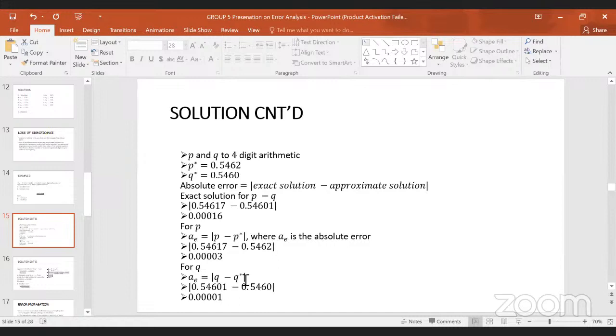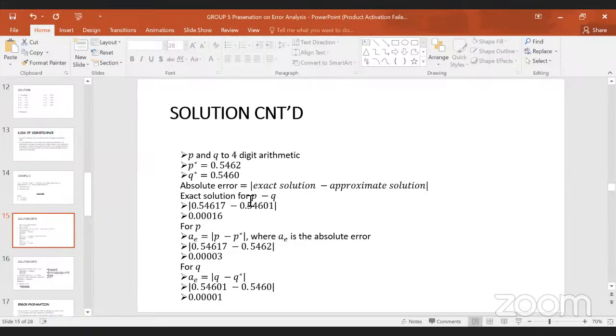Oh, okay. I think I've seen it now. That's what I was looking for. You are correct. Thank you, sir. Because I thought you just subtracted straight up without doing P minus P star, then Q minus Q star. The steps are clear.